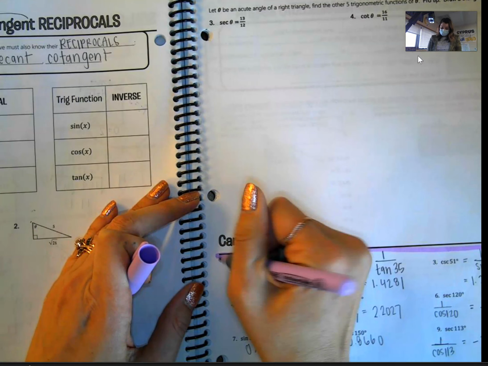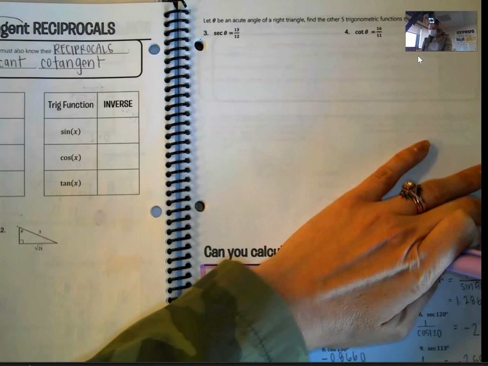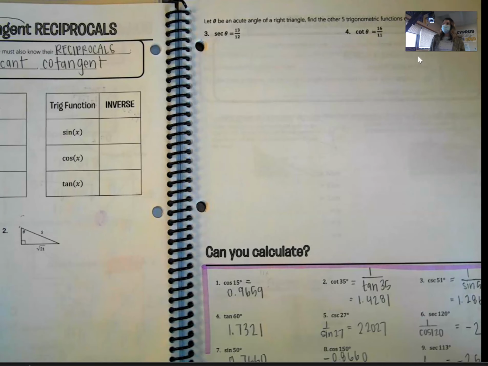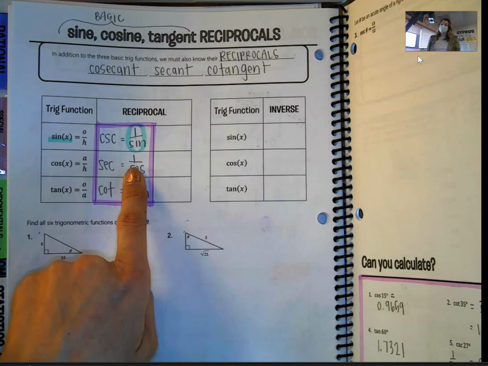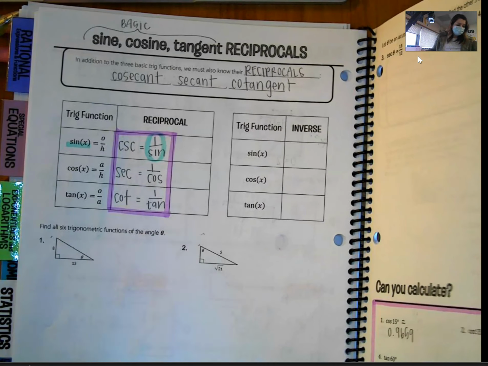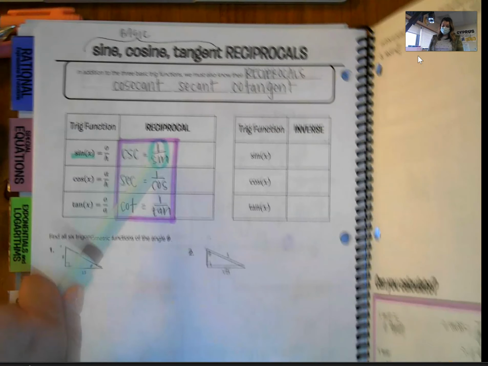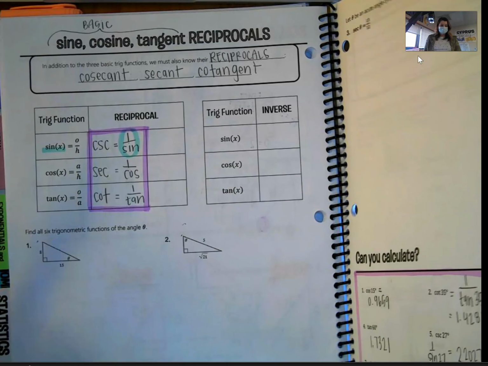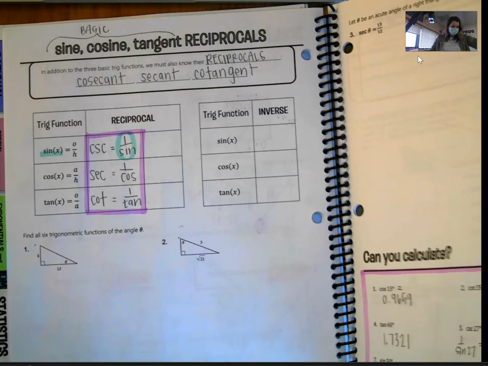So I'm highlighting these in the same color so that when I get to these problems on the quiz, I can remind myself how to do them because this is different than what we're doing for the rest of this lesson. In about 10 seconds, we'll move on to the next thing.